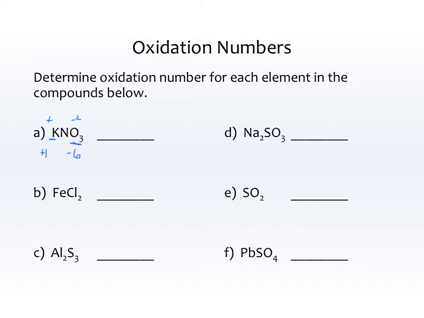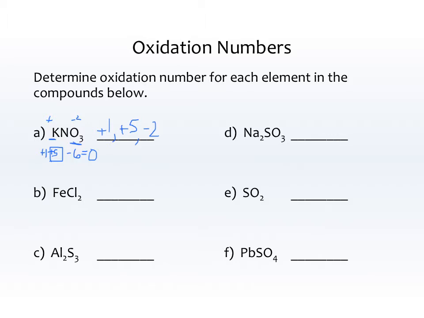Notice the compound as a whole does not have a charge, so as a whole the compound is 0. So what does nitrogen have to be? +1 minus 6 to equal 0? Well, +1 plus 5 minus 6 equals 0. And so nitrogen in this case is +5. +1 plus 5 and -2. That's the oxidation number of each individual element.